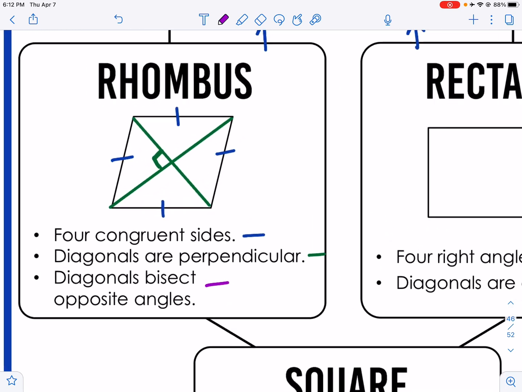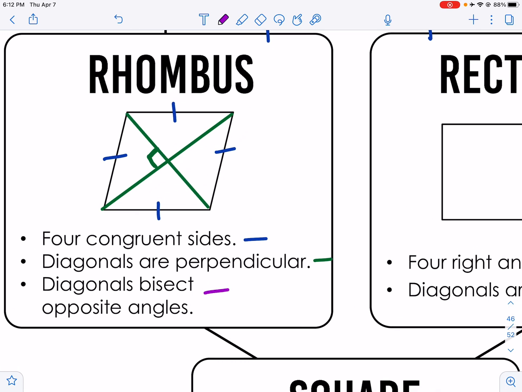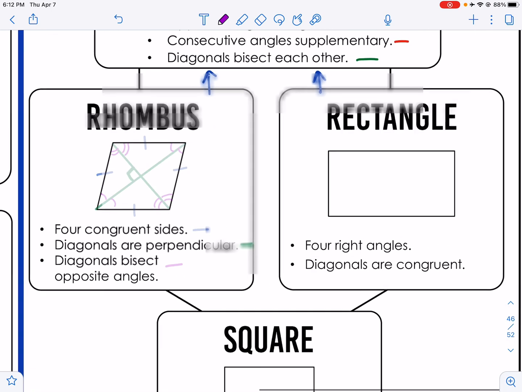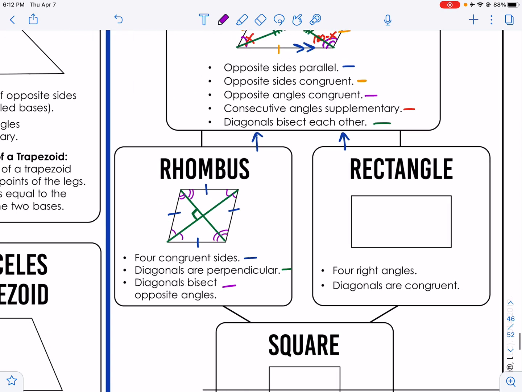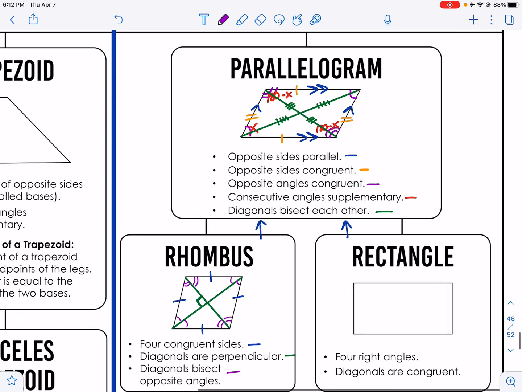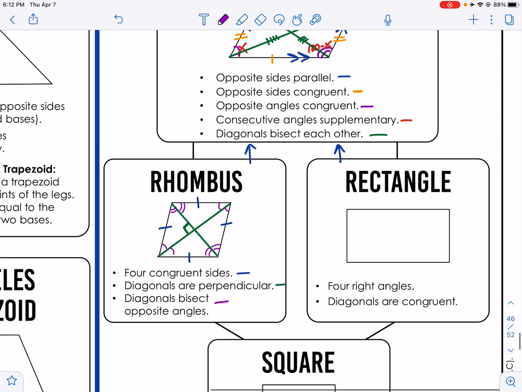If diagonals bisect opposite angles, that means these 2 angles are congruent to these 2 angles. They bisect a pair of opposite angles. And these 2 angles are congruent to these 2 angles. Okay, our 3 additional properties of a rhombus, including the 5 properties of a parallelogram.